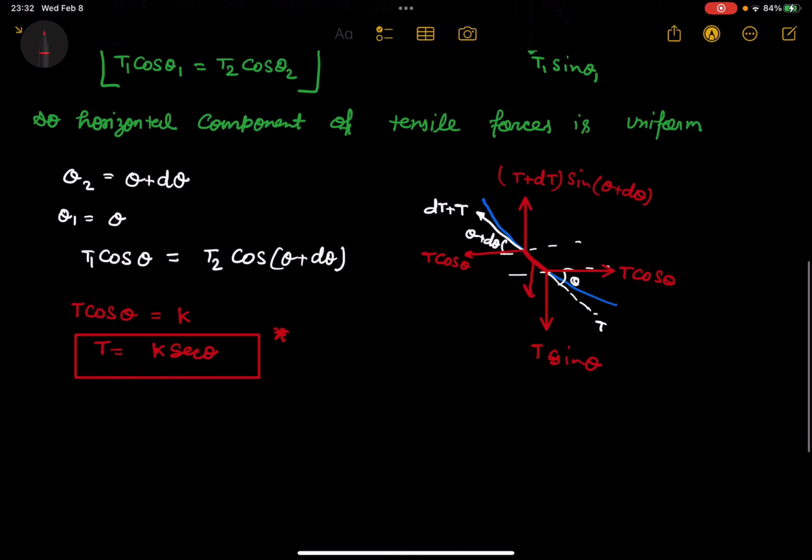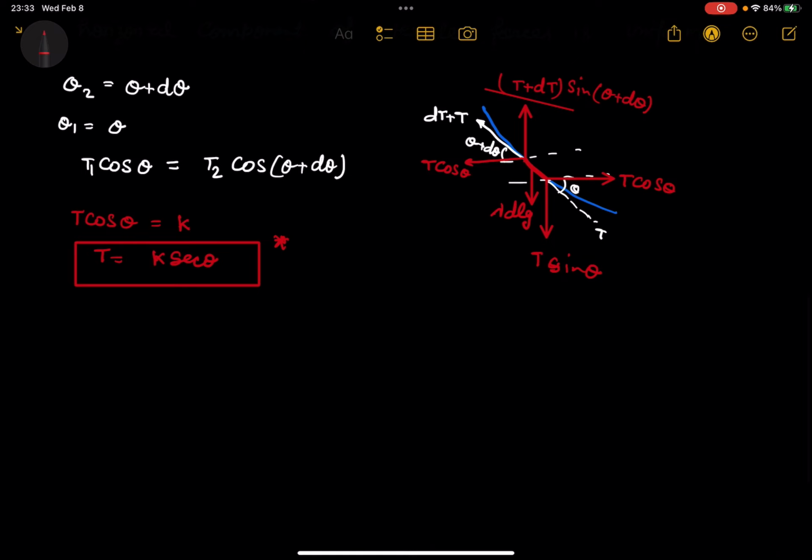Because of this, one force is acting downward: lambda dl g. So as the length changes, for a small variation in height, the tension increases. You can check. Understood or not? So I can write carefully, just listen, dT tan theta is equal to lambda dl g.